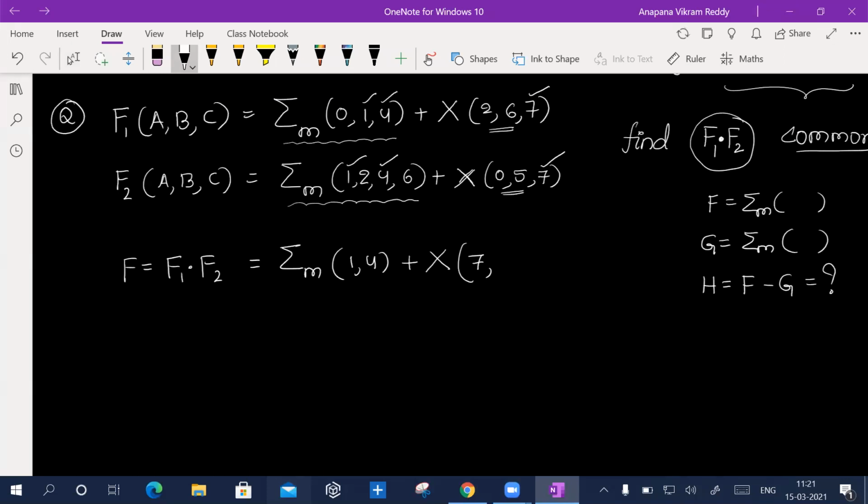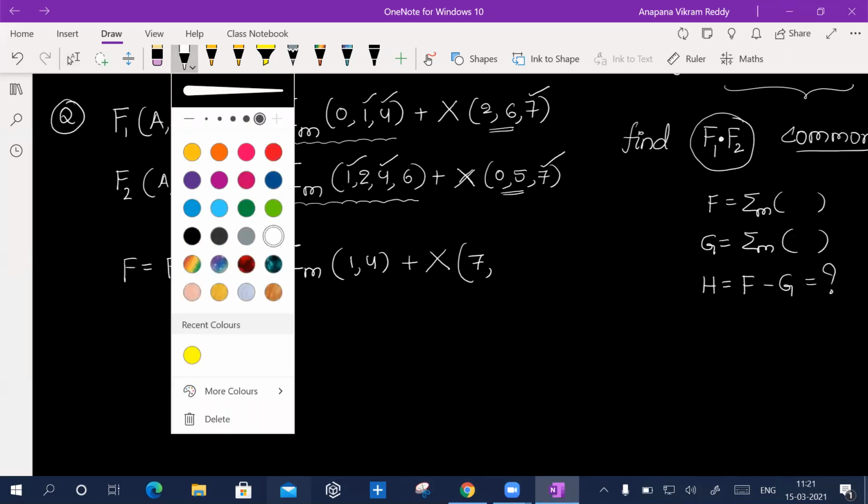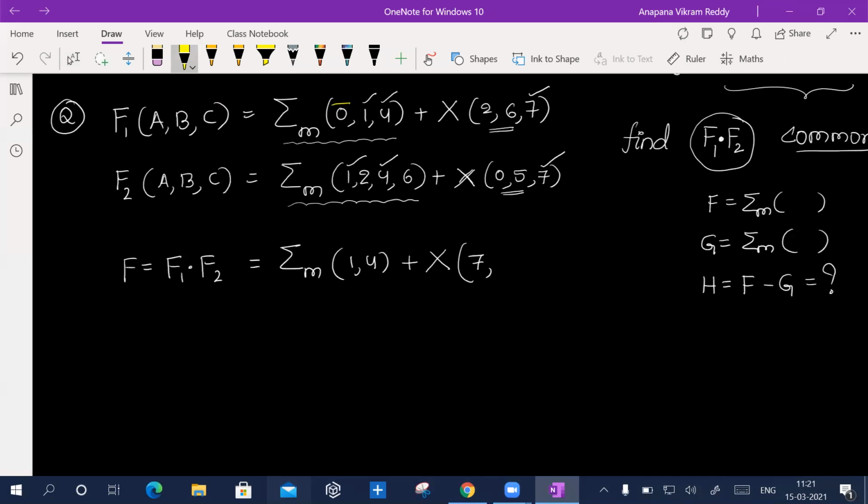But when I take don't cares, there must be something in F1 that may be don't care in F2. For example, this 0 is here in F1, but the same 0 is don't care in F2. Agree?